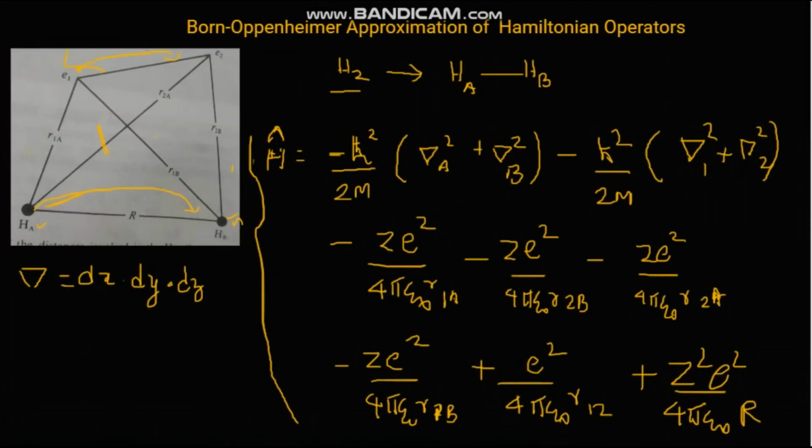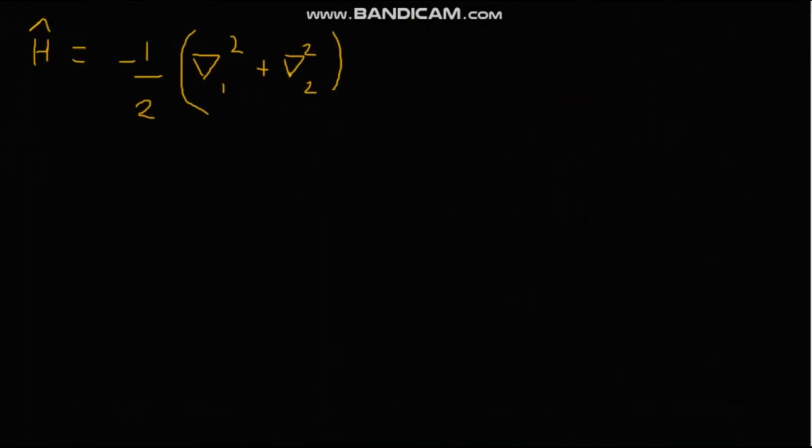Why is it so? All the other values are assumed to be 1. For example, m and h cross are considered to be 1, as well as 4 pi epsilon naught, which is a constant, also assumed to be 1 in atomic units, which will further reduce this equation to simply half into nabla 1 square and nabla 2 square.